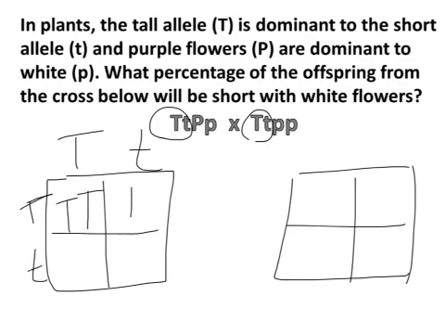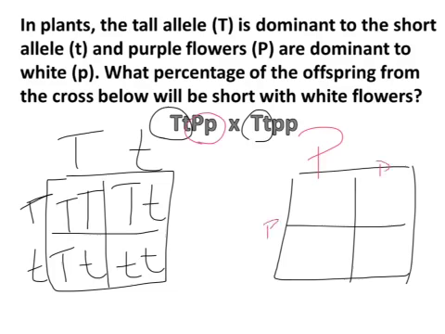I complete my square. Then I do that for flower color: my gametes for each parent, and fill in my square. I'm exaggerating since the two letters look the same, you really need to exaggerate which one is dominant and which one is recessive.